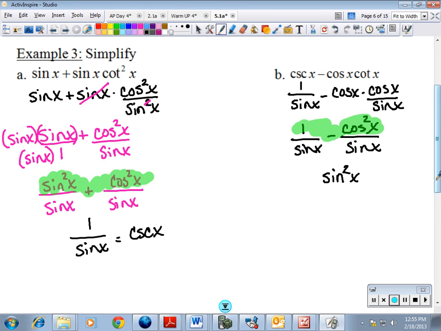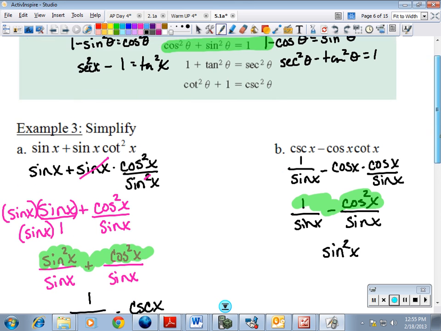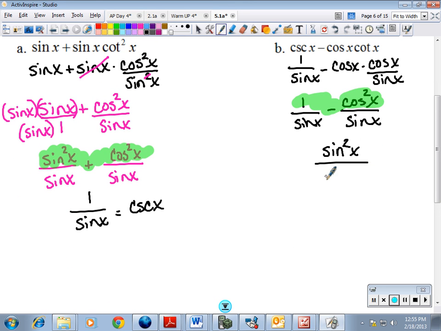Where am I getting this from? Right there. 1 minus cosine squared is sine squared. These identities need to be committed to memory. At first, you're just going to be looking on your sheet and trying to figure them out, but eventually they need to be memorized. And then sine squared over sine, I can cancel one of my sines, and my answer is sine. Okay?